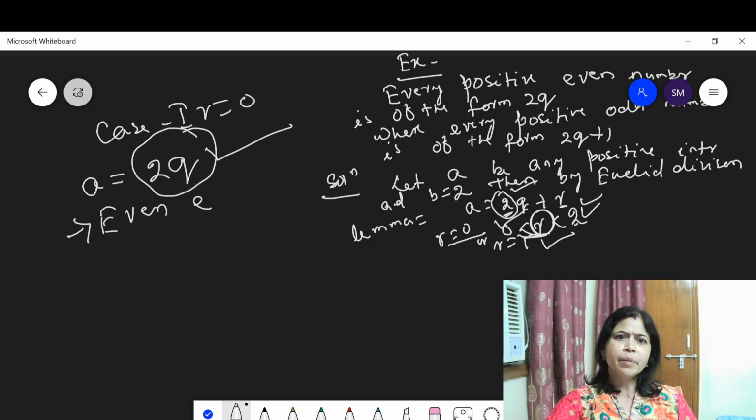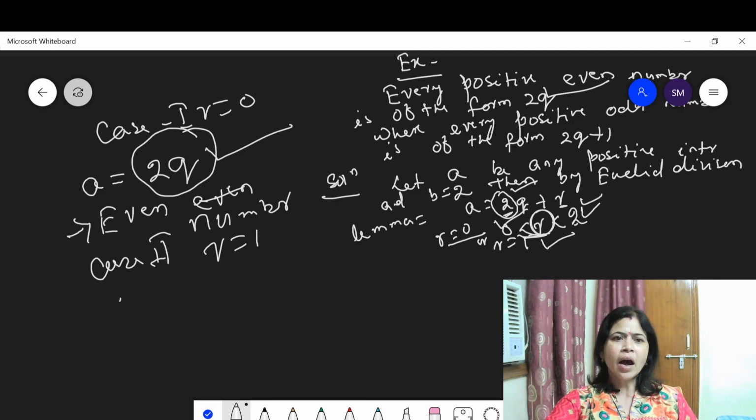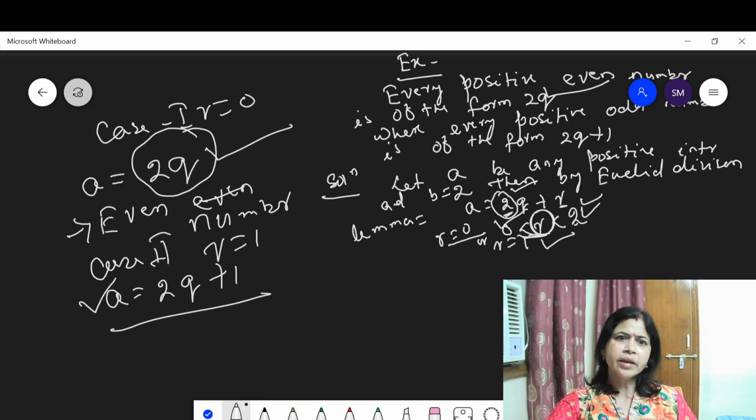The condition says that any positive even number can be represented in the form of 2q. Then case 2 says r may be 1. When r is equal to 1, then a is equal to 2q plus 1. Then this a is an odd number. Thus proved.